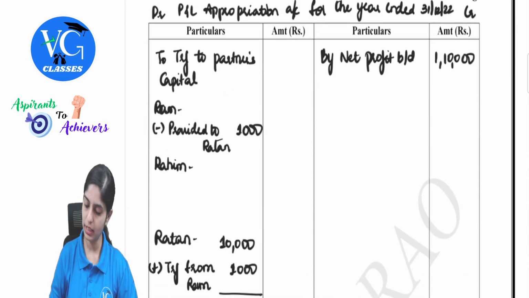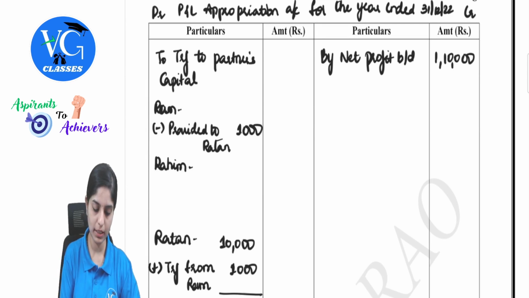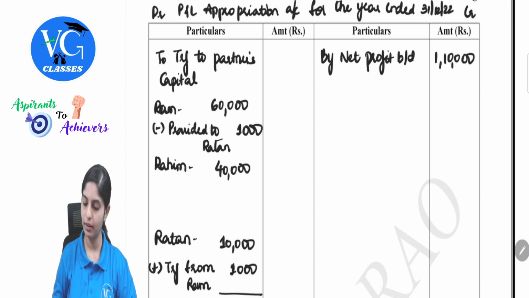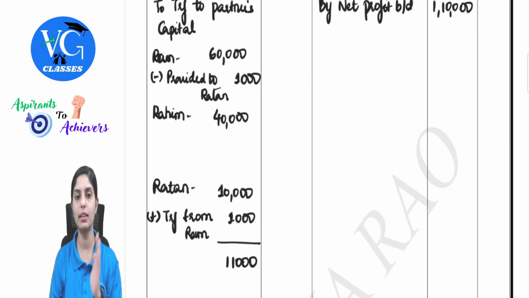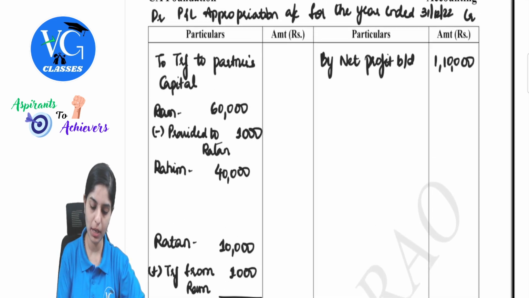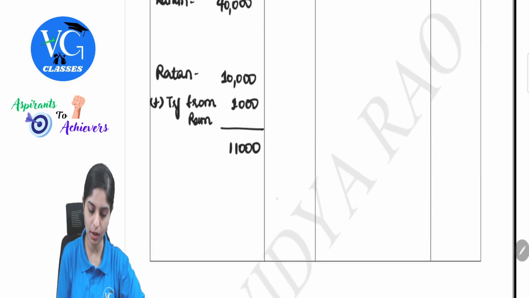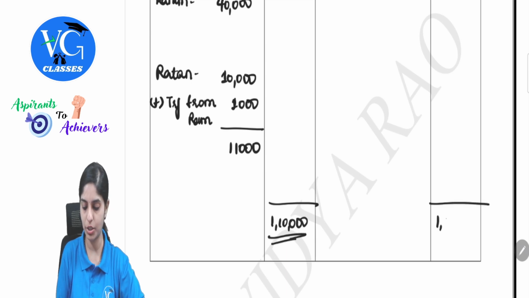So into 3 by 5, this will be 60,000 and then 40,000 to Rahim. So ultimately, Ram will be getting 59,000, Rahim 40,000 and Ratan 11,000. So this will be apportioned to partners' capital. This is how the profits will be transferred, which is the requirement of the question.